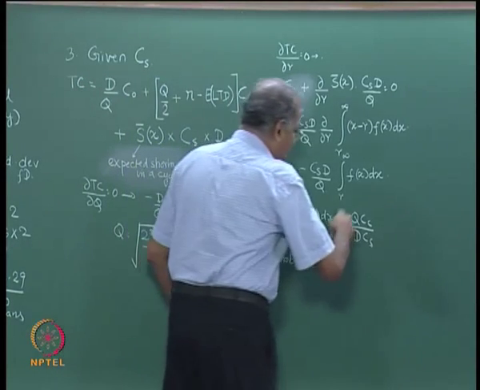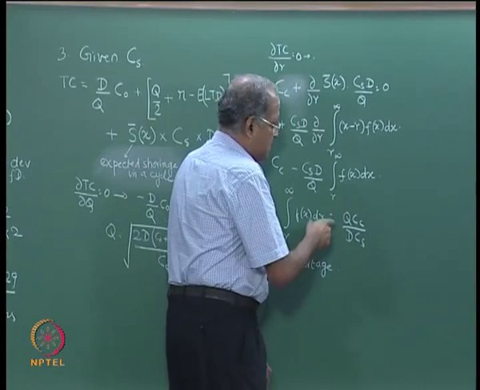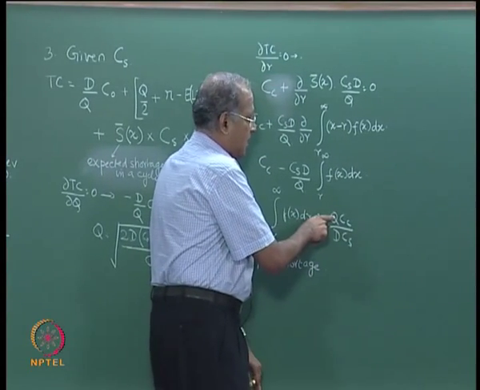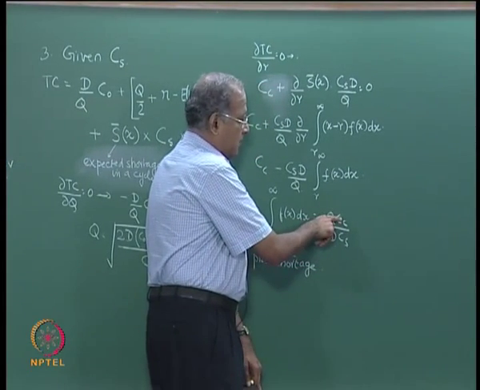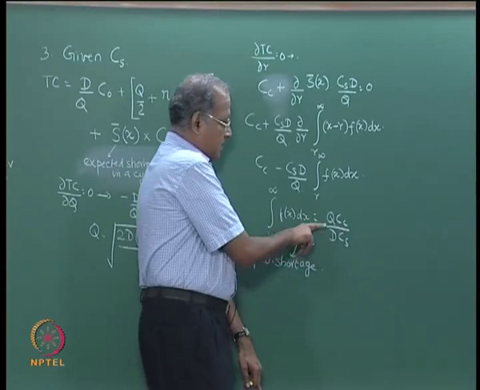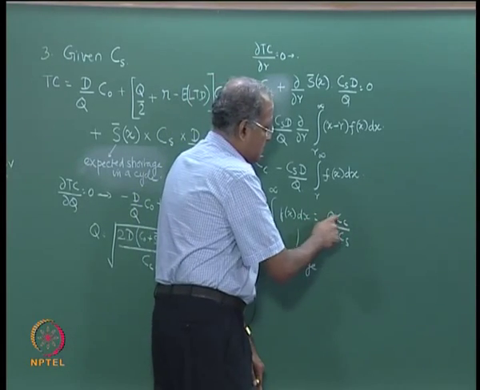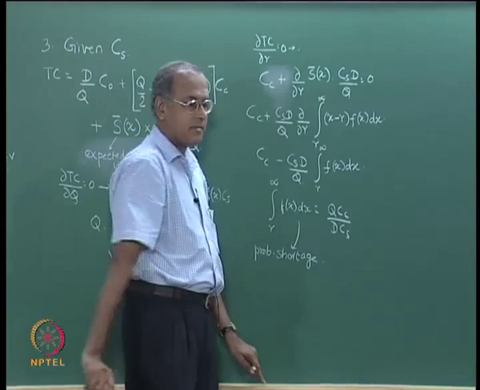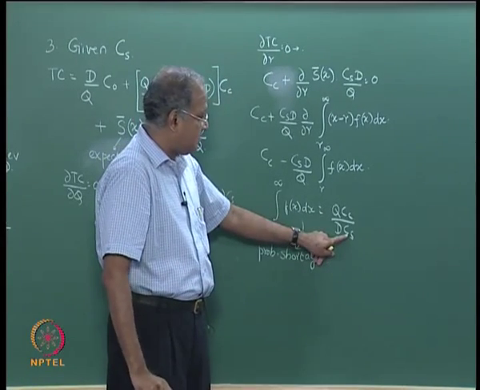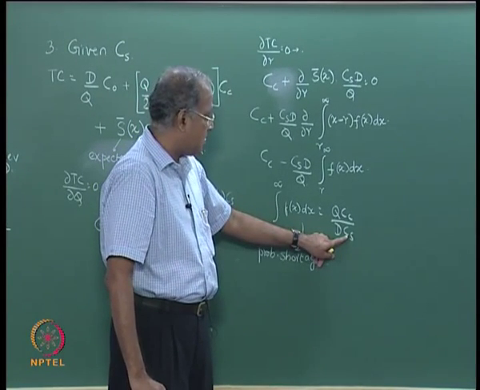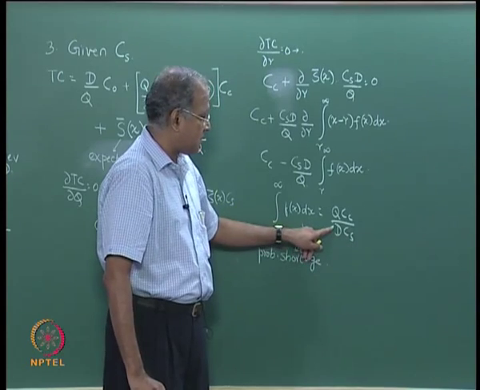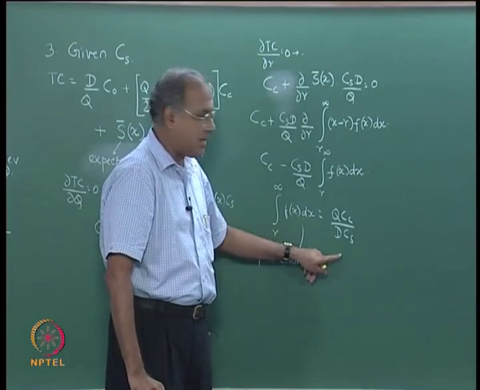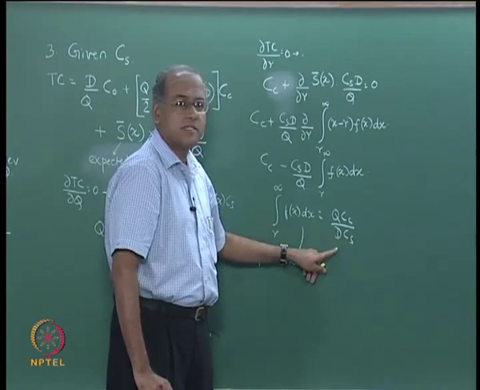Now if we look at the units, Q is the order quantity, in units. Cc is rupees per unit per year, D is in units per year. So Q Cc is rupees per year. Cs is rupees per unit short, D is units per year, so DCs is also rupees per year.